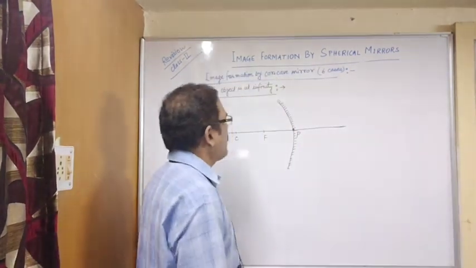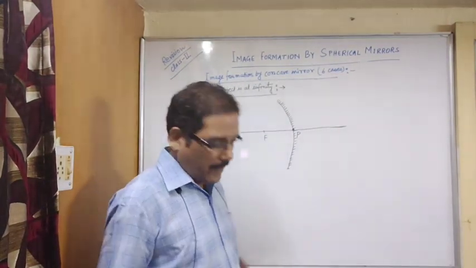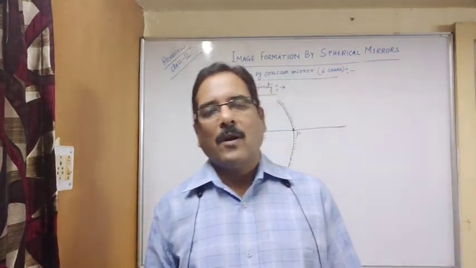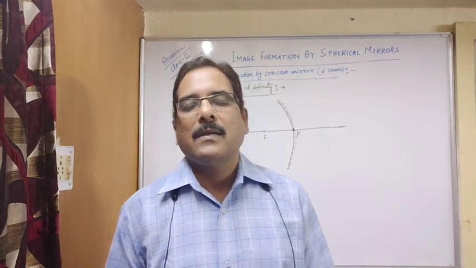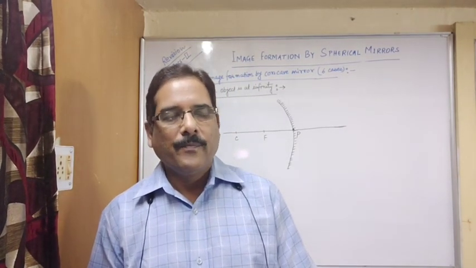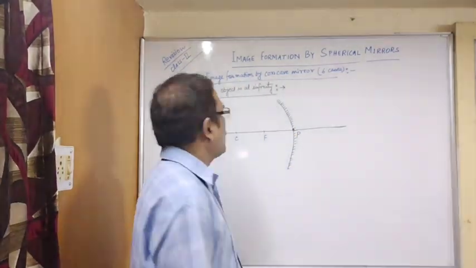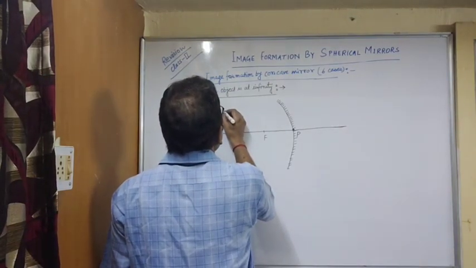So take 2 parallel light rays, and when object is at infinity, we assume that the rays which are coming from the object are parallel to principal axis. For example, sun is at infinite distance from us. So the rays which are coming from sun are parallel to principal axis, like that you assume.